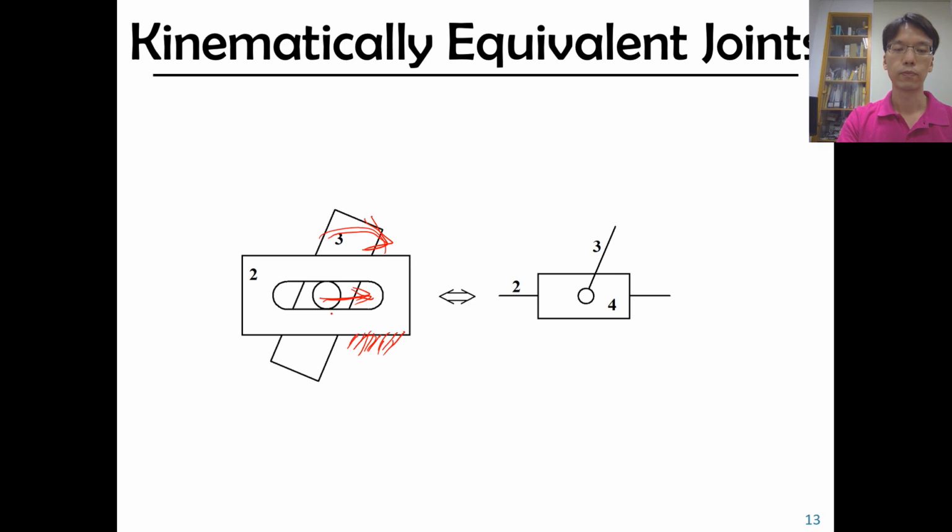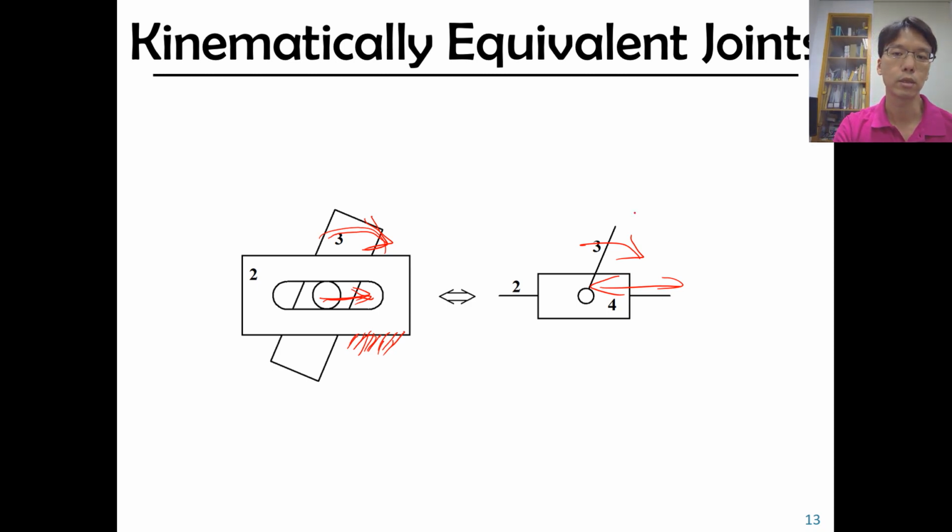But instead of using this one, we can use the right one. But the right one has one more component. It has a new link 4. But when you take a look at link 3 and link 2, you will find their relative motion is the same as the left-hand one. Bar 3 can do a revolute motion, and it can also slide along this horizontal line.